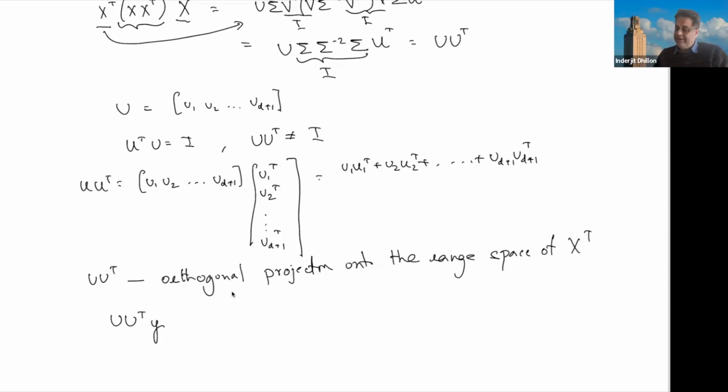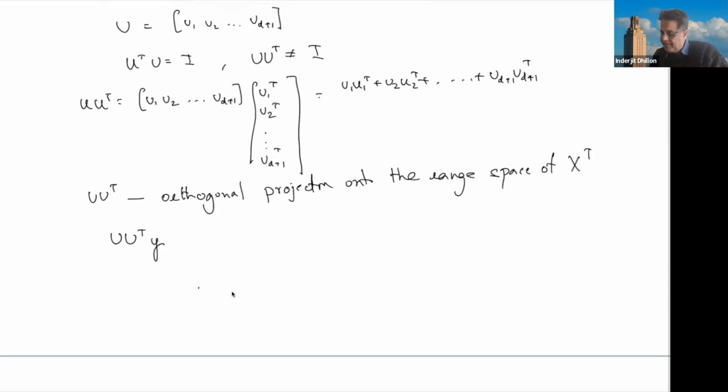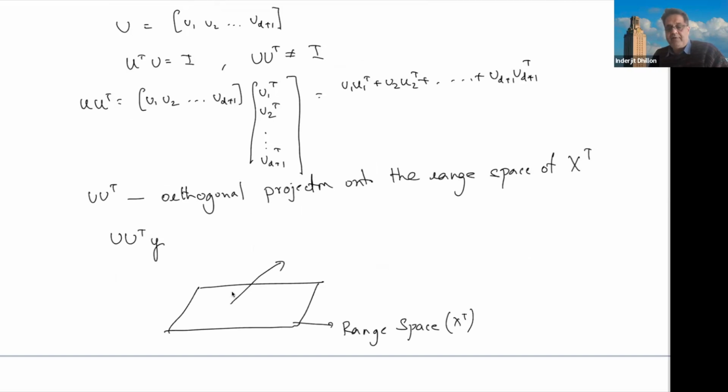So if I have the range space of X transpose, it is taking this vector y, which may not live in this range space, which means that when we do linear regression on the training data, we won't get a zero error on the training set. It's basically dropping a perpendicular onto this, and this is UU transpose y.